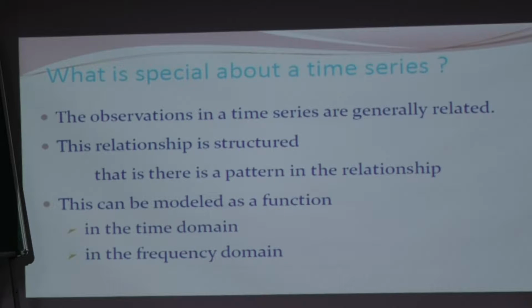We statisticians generally prefer the time domain approach. Engineers mostly would prefer the frequency domain. So statisticians who work with engineers probably would be looking at the frequency domain approach. Otherwise, we would rather be sticking to the time domain approach. But then you can always go from one approach to the other.